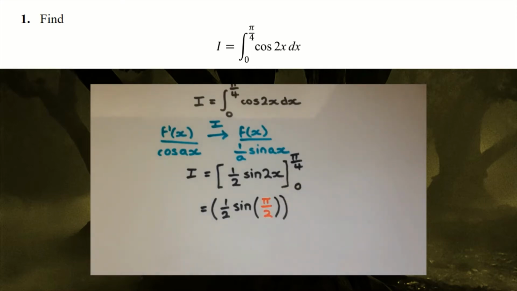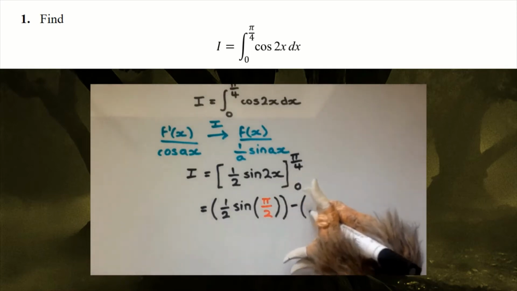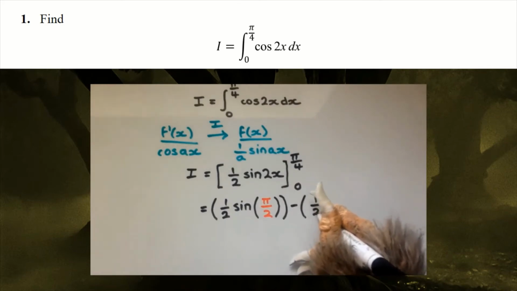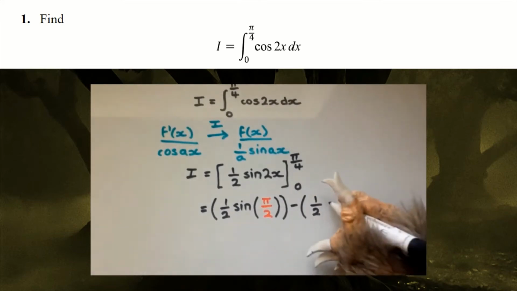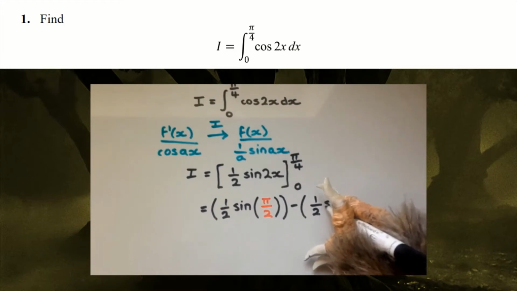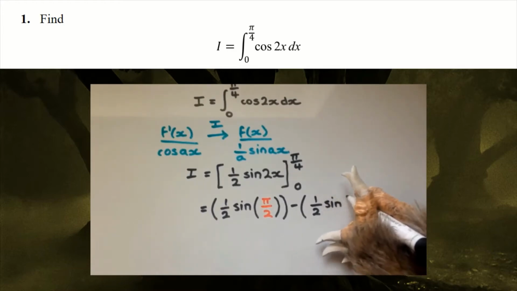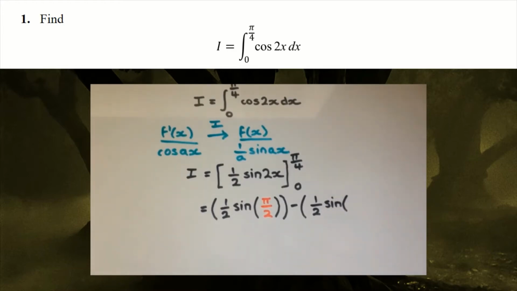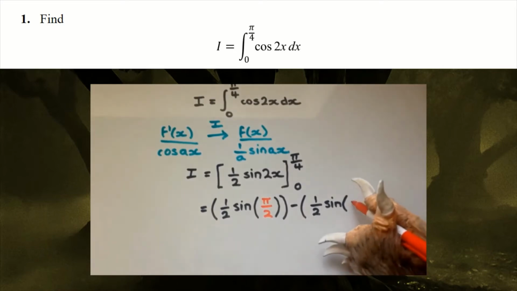And then I'm going to subtract my lower limit, which is 1/2 sine of, now 2 lots of 0 is just going to give us 0. So let's get that in there.